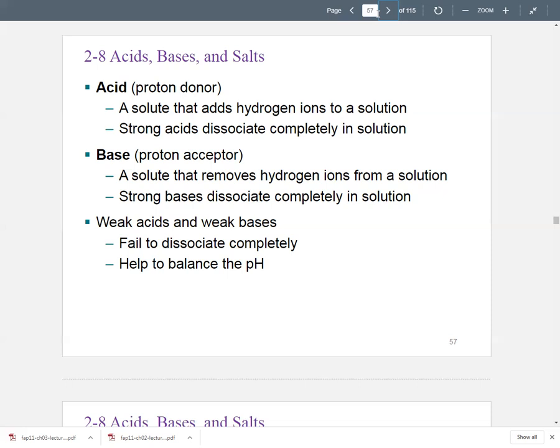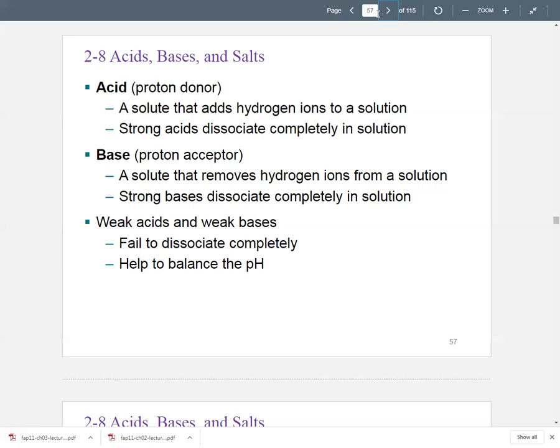All right, bases are proton acceptors because remember they have a lot of OH concentration. So they'll take those hydrogen ions. They'll remove the hydrogen ions from solution. And a strong base will also dissociate completely in solution.